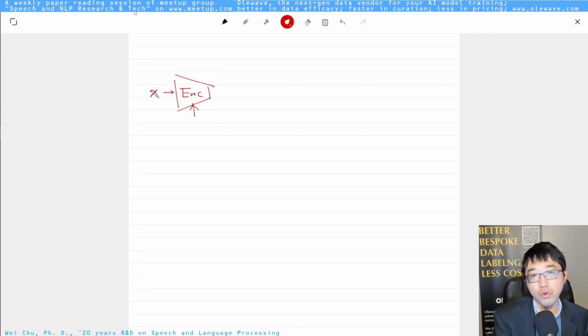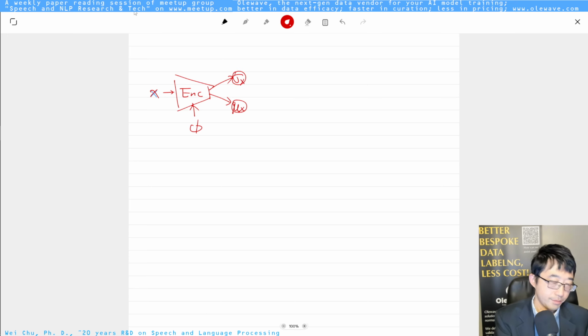An encoder controlled by phi, like I mentioned, but this time it will generate lots of samples, so you can get the mean of X and the standard deviation of X. And the two things will be used to form Z.